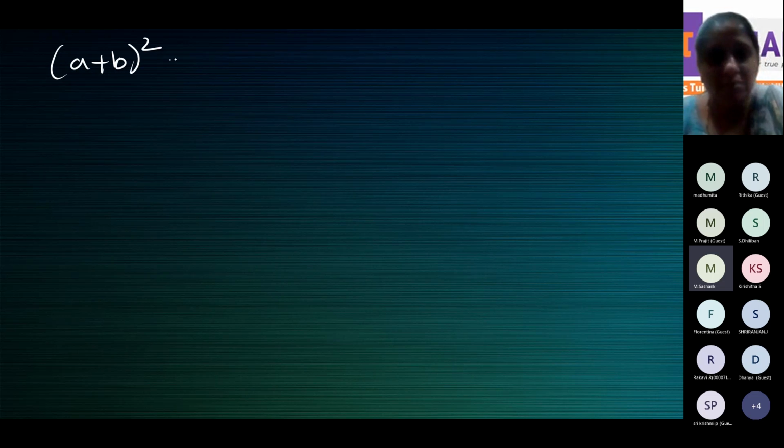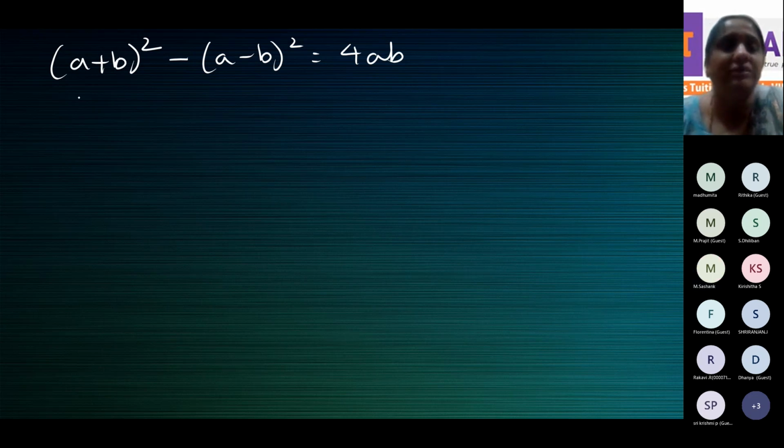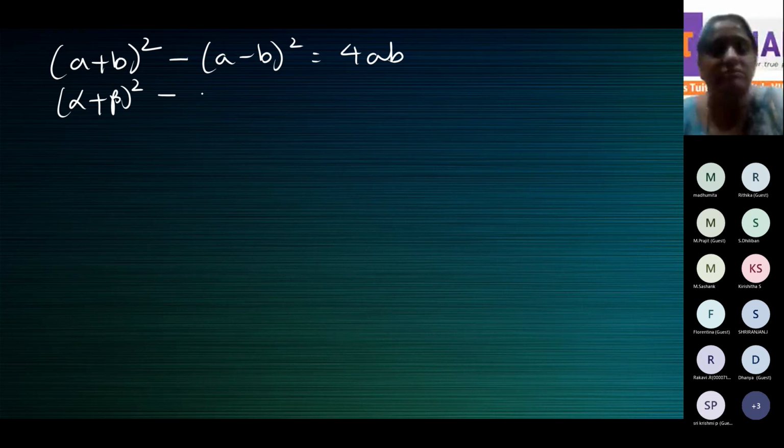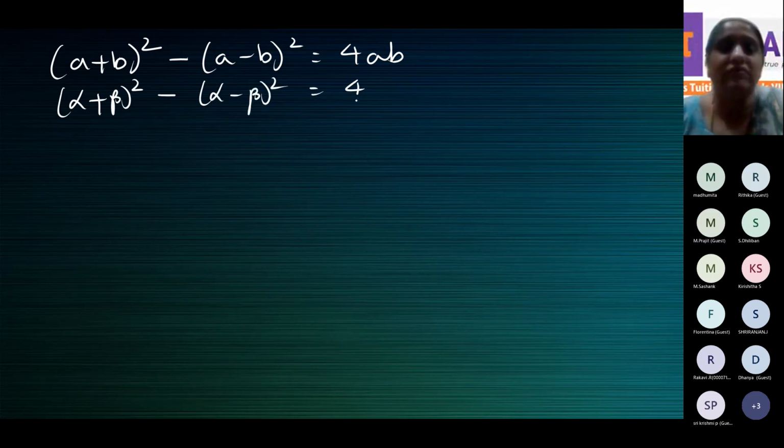So what are the two identities which we just learned? (A plus B) the whole square minus (A minus B) the whole square is equal to 4AB. In terms of alpha and beta, (alpha plus beta) the whole square minus (alpha minus beta) the whole square is equal to 4 alpha beta. Yeah, very good.